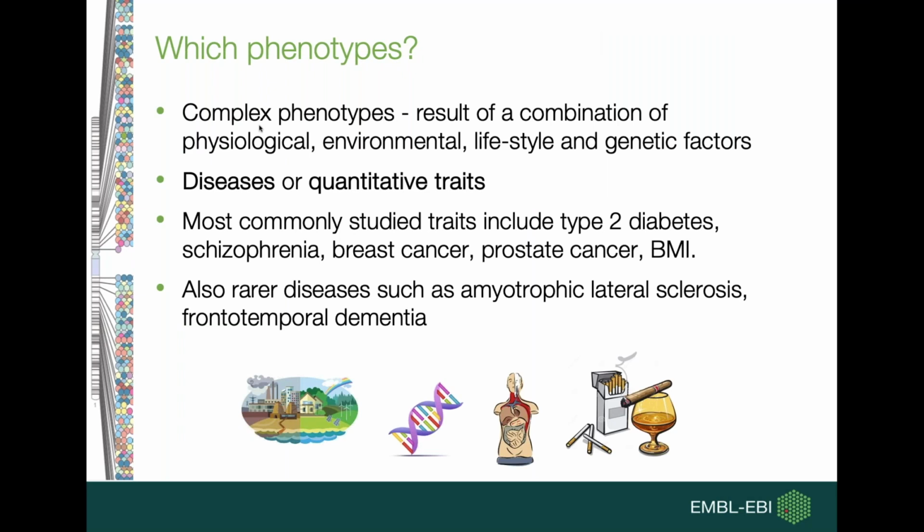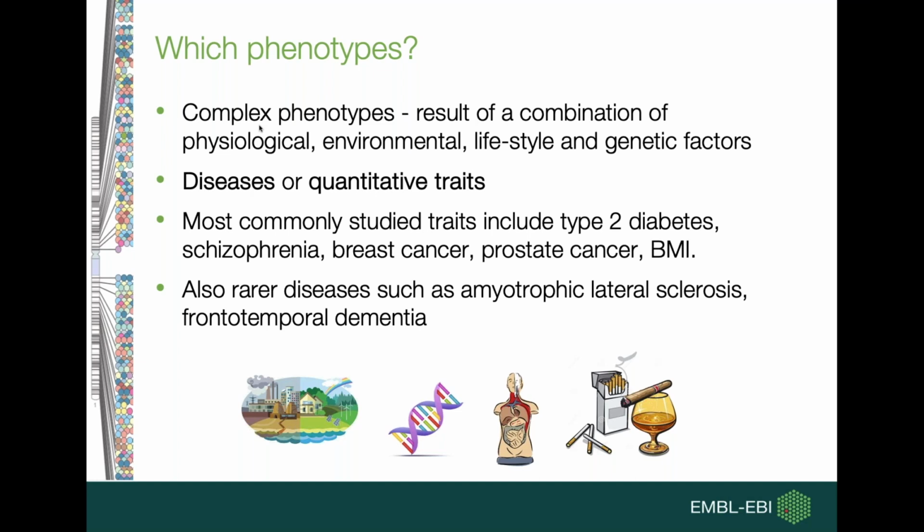Which phenotypes can you study with GWAS? The GWAS is ideally designed to study complex phenotypes, by which I mean non-Mendelian phenotypes caused by multiple genes in combination with environmental and lifestyle factors. They may be diseases or quantitative traits.